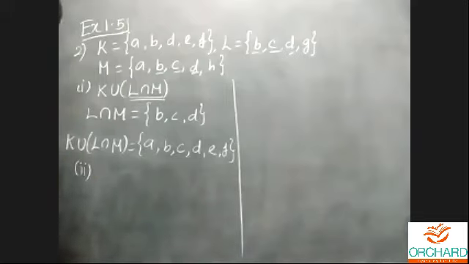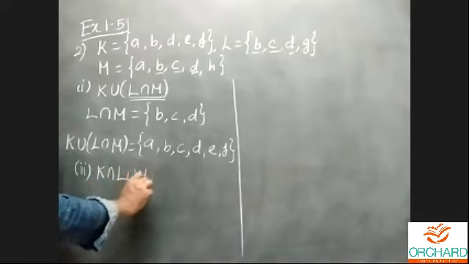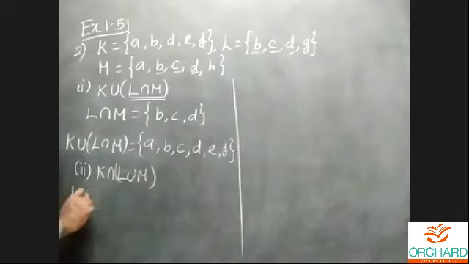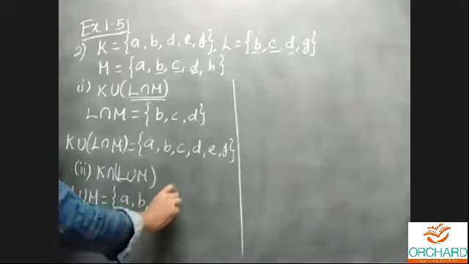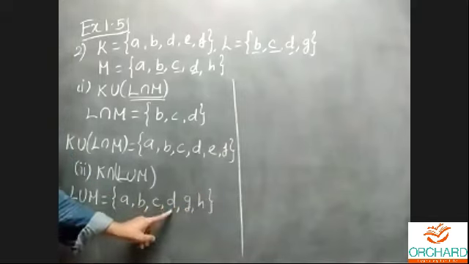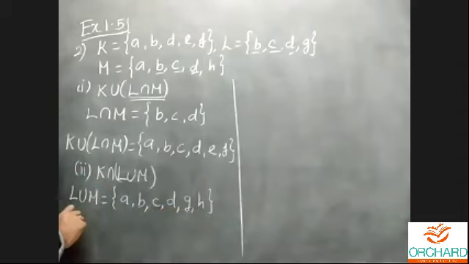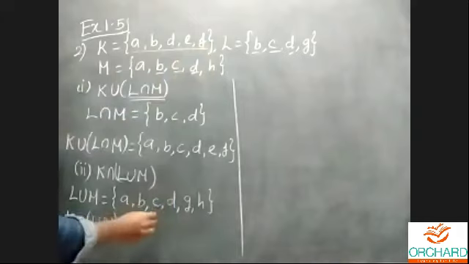Subdivision number 2. K intersection L union M. First, identify L union M, the union of the sets L and M: A, B, C, D, G, H. Arrange in order: A, B, C, D, G, H. Then next, K intersection L union M. What is common between set K and L union M?